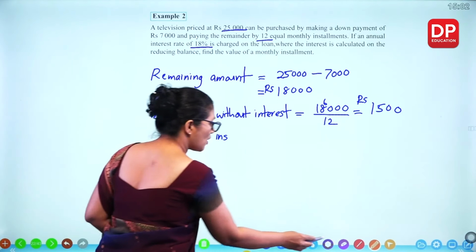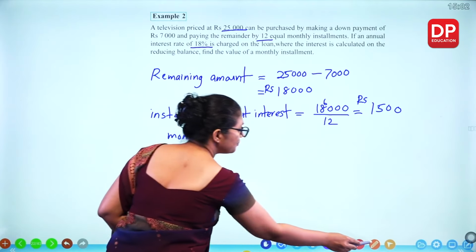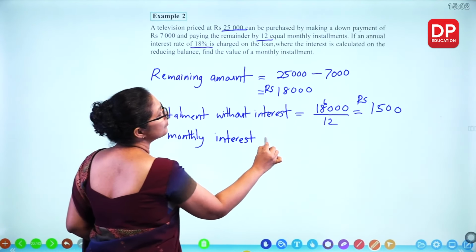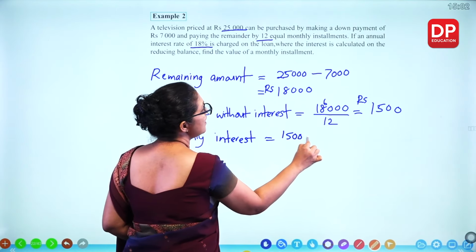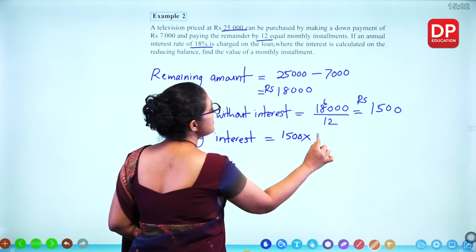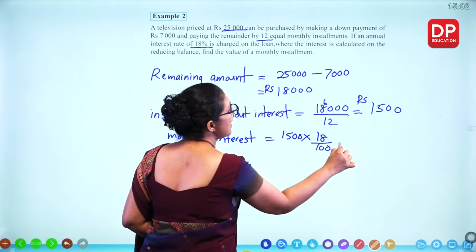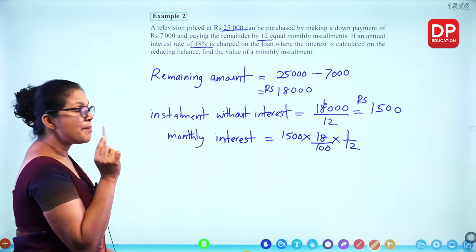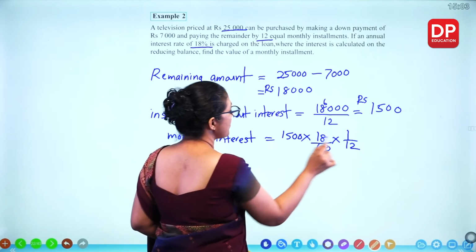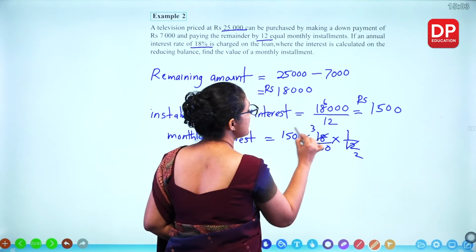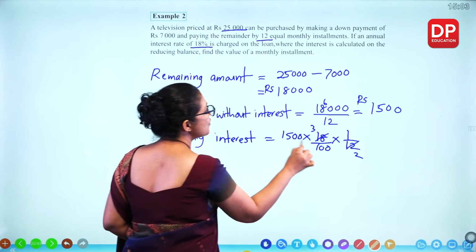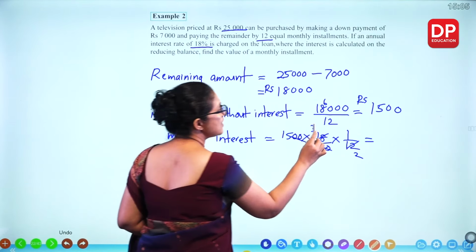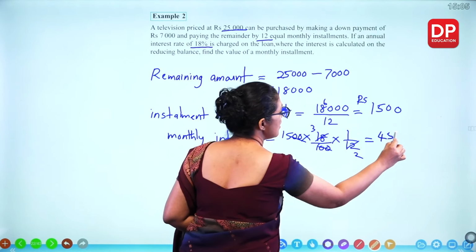Now, what's the monthly interest? 1,500. Interest rate is 18%. And this is annual, you have to calculate for a month. 6 times 2, 6 times 3. 2 zeros get cancelled out. 15 times 3, 45 over 2.